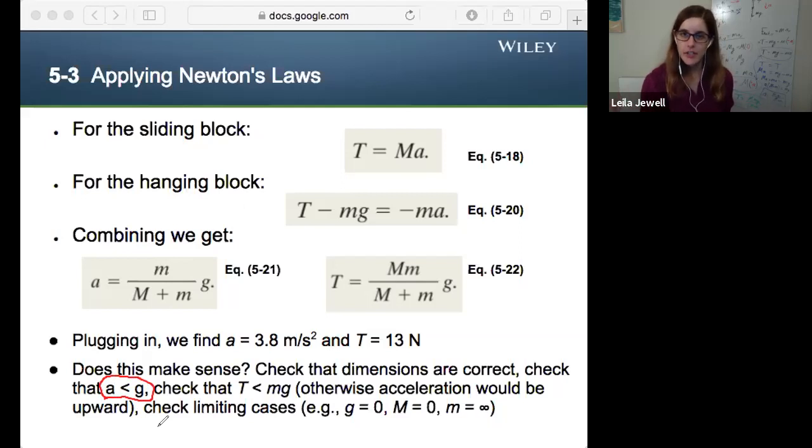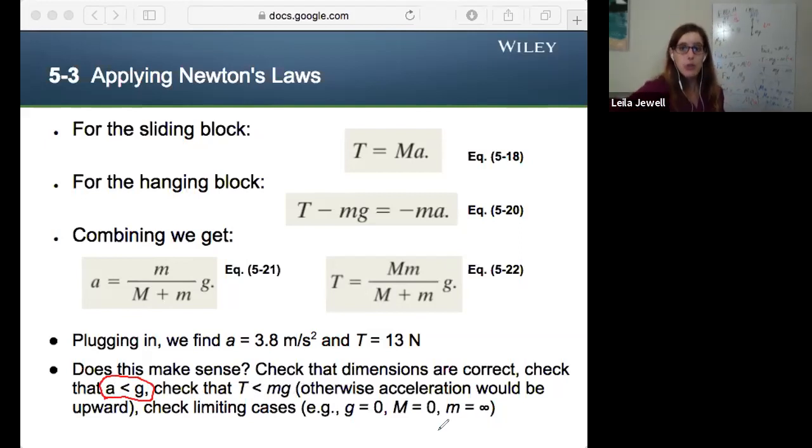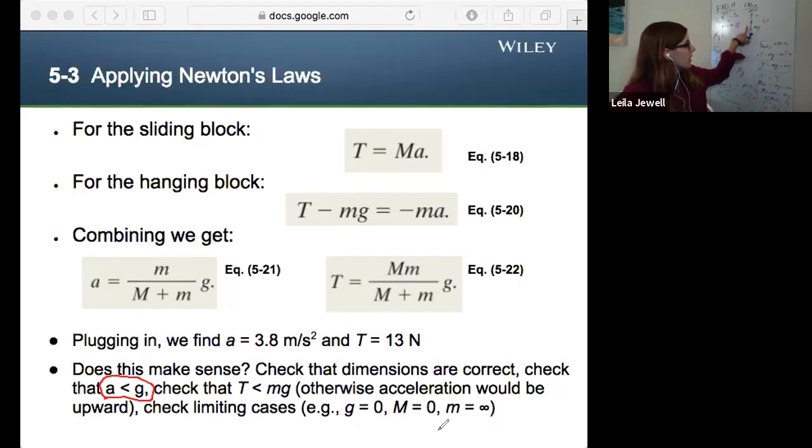If we get a negative sign, that's usually just a sign that we guessed the wrong direction of acceleration, but it also could be an error. We also should check that the tension is less than the weight of the hanging block, because if the tension was more than the weight of the hanging block, then the hanging block would be flying upward, which we don't have a source for.